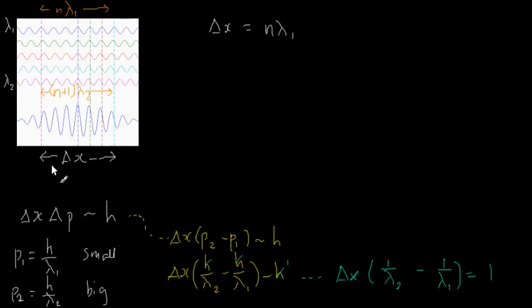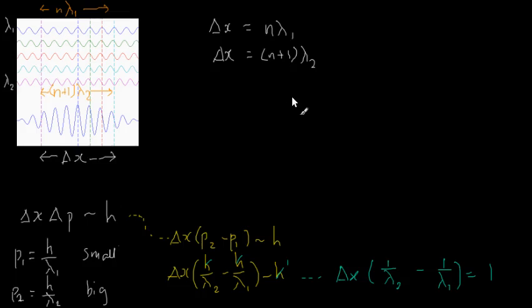And we also have delta x is equal to n plus 1 times lambda 2.